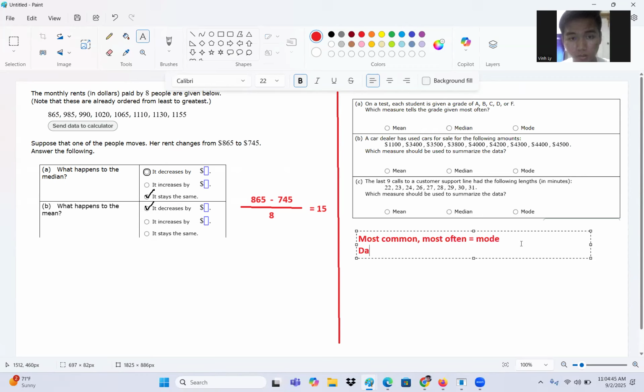When the data is very consistent, meaning the data doesn't change value abruptly, then use the mean, or the average.